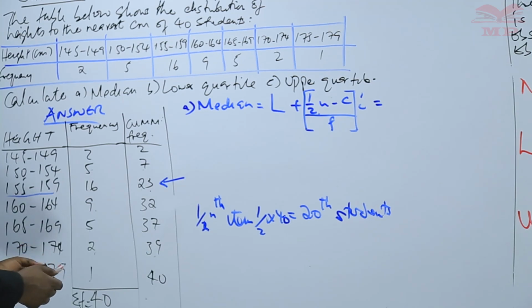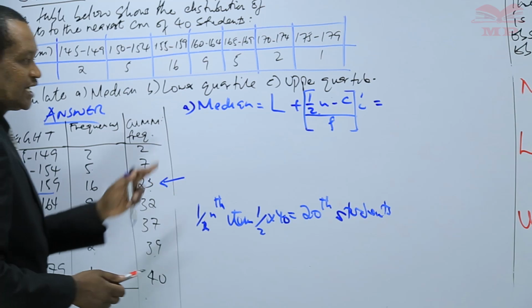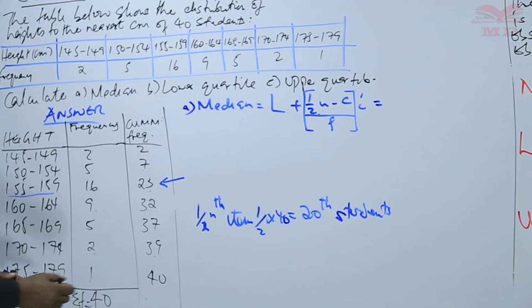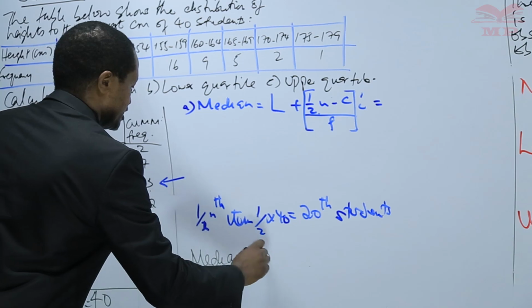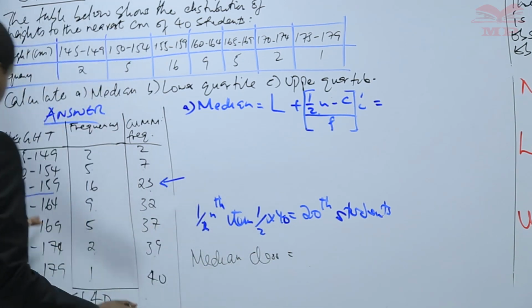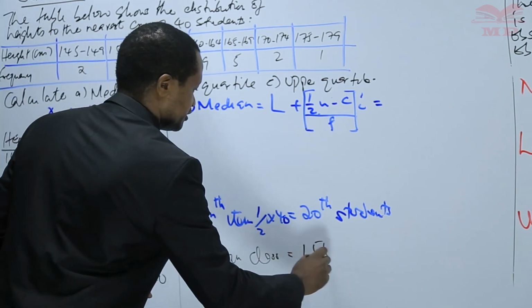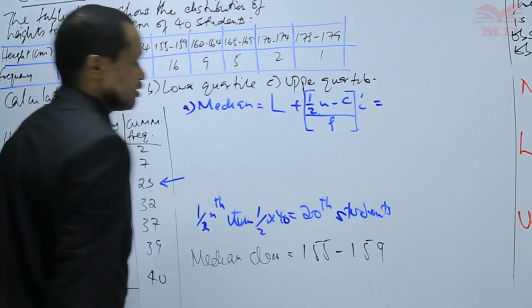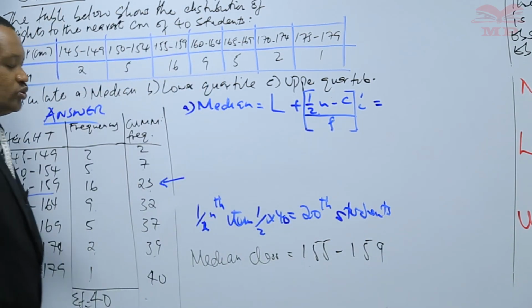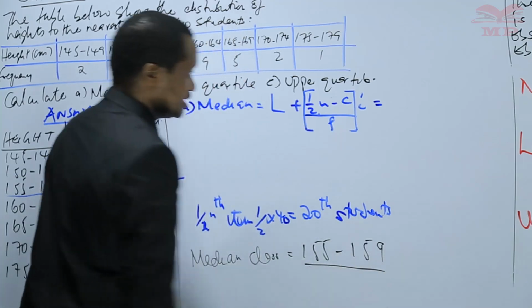So the median class in this case is 155 to 159. This is the median class.